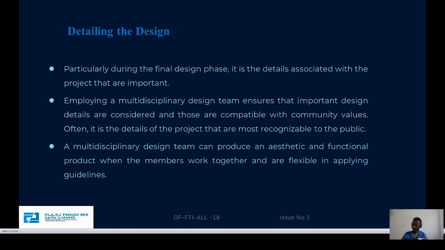So we have to design the added lane, and a geometric designer is required. We design the horizontal, vertical, and side distances, and other disciplines are also important, such as pavement design.